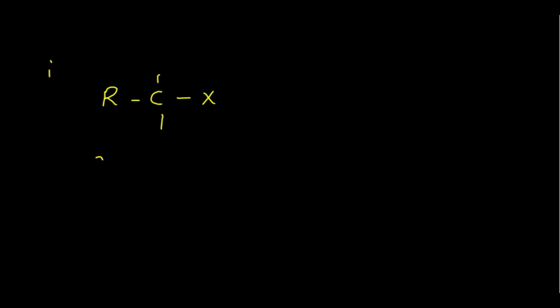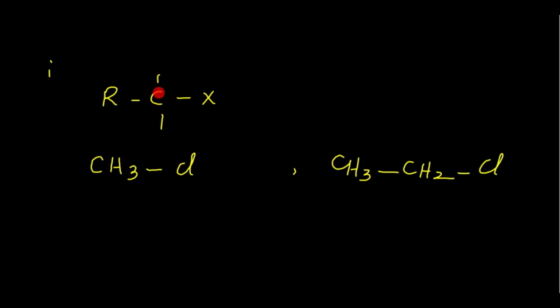For example, here if we have this molecule CH3Cl, or another example CH3CH2Cl. In these examples, students, you can notice the nature of this carbon. This carbon is primary carbon, since this carbon is directly attached with just one carbon.